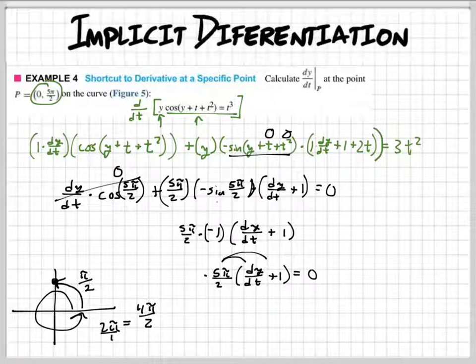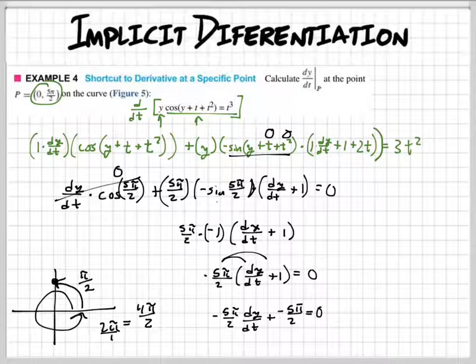We have to distribute this first. So we have negative 5 pi over 2 times dy over dt plus negative 5 pi over 2 equals 0. Then let's move this to the other side, so I have 5 pi over 2 right here. Divide both sides by this so we get dy over dt alone. dy over dt equals negative 1.